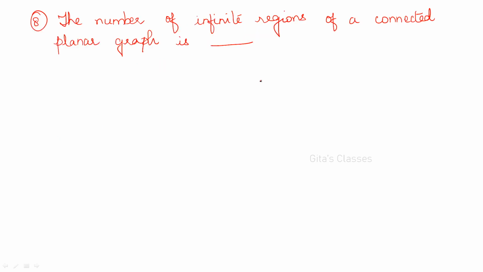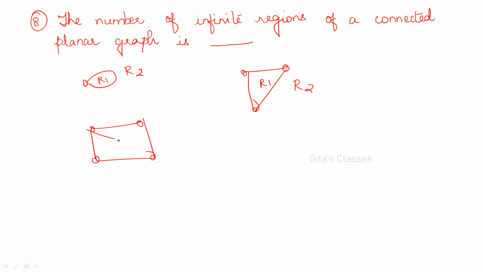Okay. Next is the number of infinite regions of a connected planar graph. If you have one vertex and one loop, here R1, R2. If you have three vertices like this, then R1, R2. If you have R1, R2, R3. So in the first graph, R2 is the infinite region.